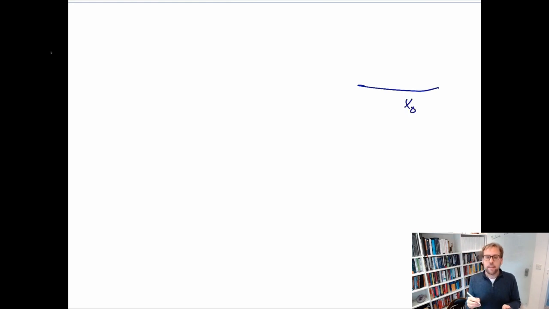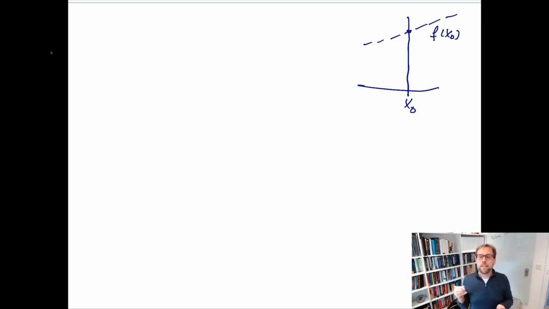So let's imagine we have a given point, x0, and at this point x0, what do we have? We have the theoretical line, which I wrote as a dashed line. This would be the value f at x0.